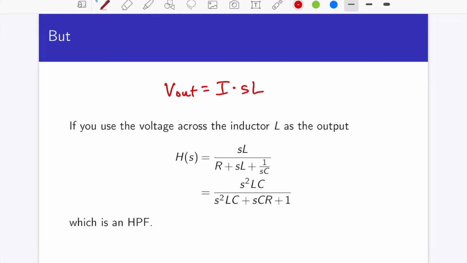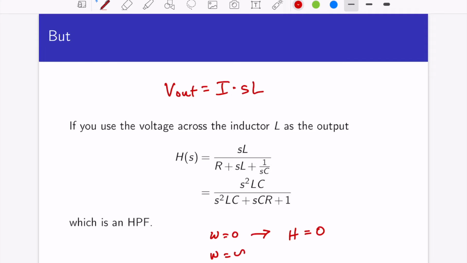Okay, so let's do our quick check again. When omega equals 0, we have H is equal to 0 over 0 plus 1. So that's going to be 0 over 1, which is 0.